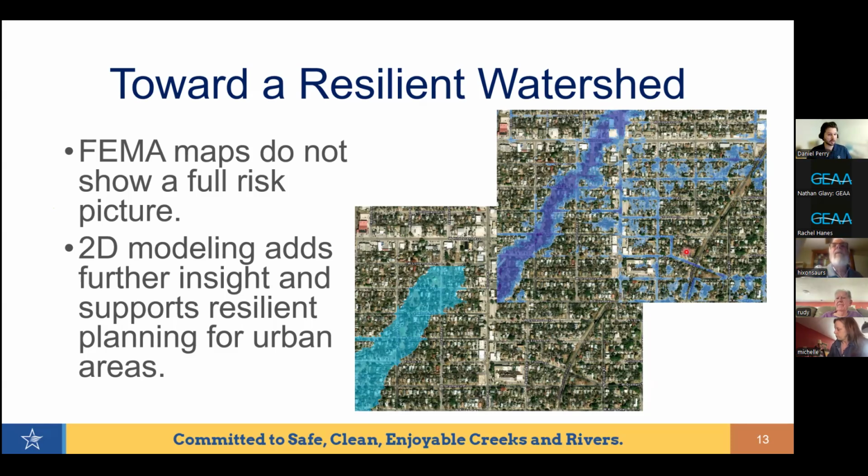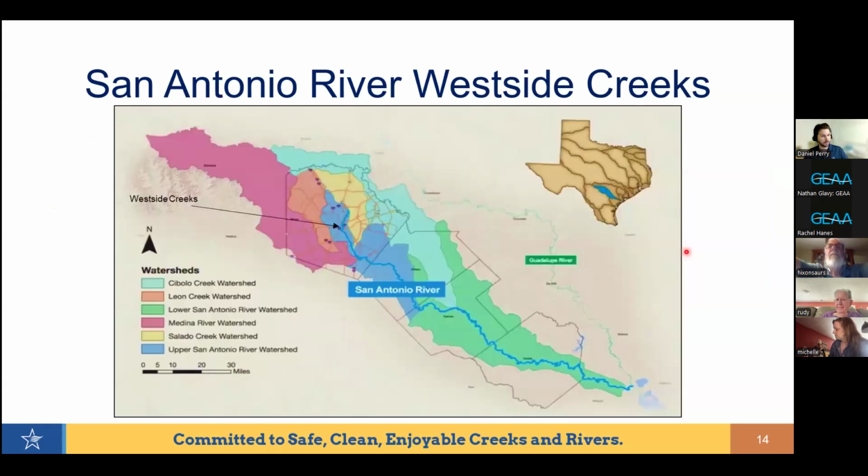So with all this understanding of how 2D modeling can help improve flood risk analysis, we can look further into the Westside Creeks 2D modeling project and how it can help the community plan for safer and more resilient flood management. So the Westside Creeks are in the central portion of the San Antonio River watershed, near the headwaters of the upper San Antonio River subbasin.